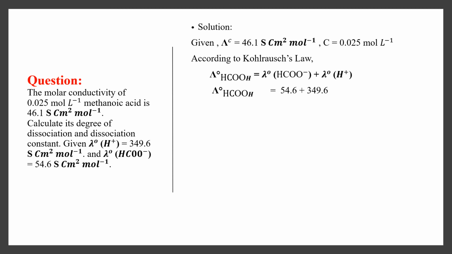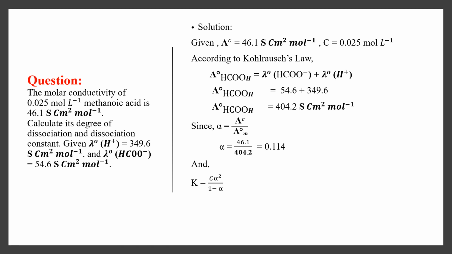On putting all these values, we get the molar conductivity at infinite dilution for methanoic acid, and it comes to be 404.2 Siemens centimeter square mole inverse. Since we know that degree of dissociation alpha is equal to molar conductivity at any dilution divided by molar conductivity at infinite dilution, on putting the values we get alpha.